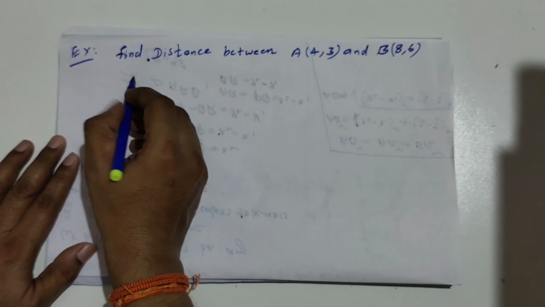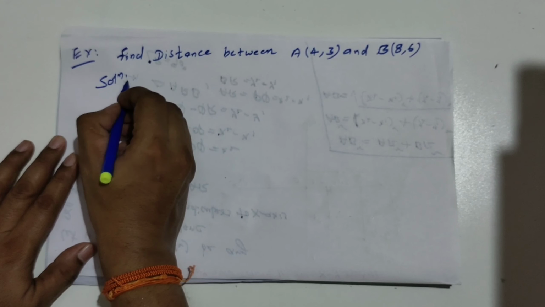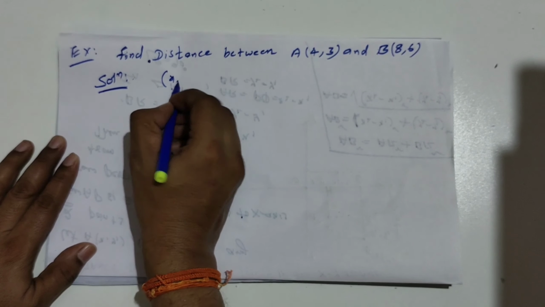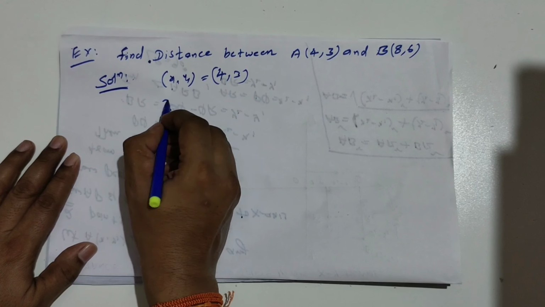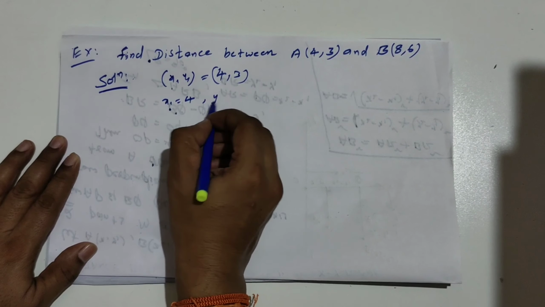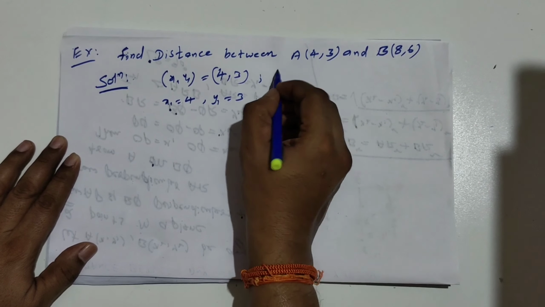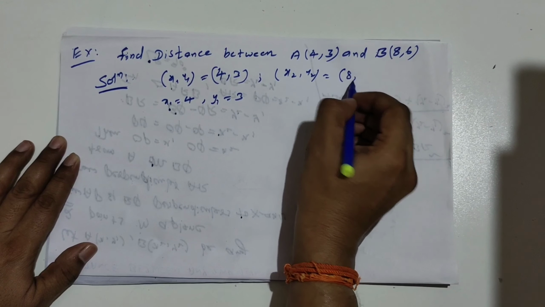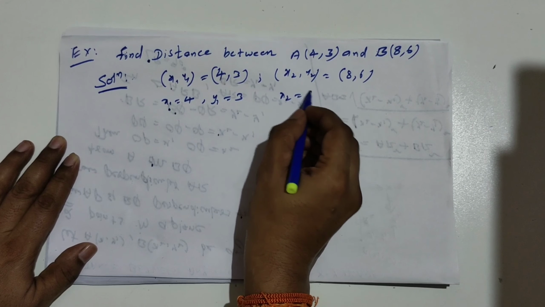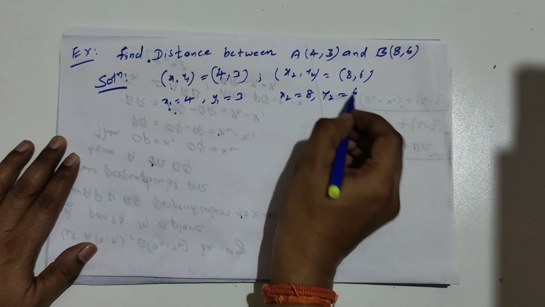Now compare these points in the solution. Compare the first point with x1 y1: here x1 y1 is taken as 4,3, so x1 is 4, y1 is 3. And compare the other point with x2 y2, so x2 is 8, y2 is 6.